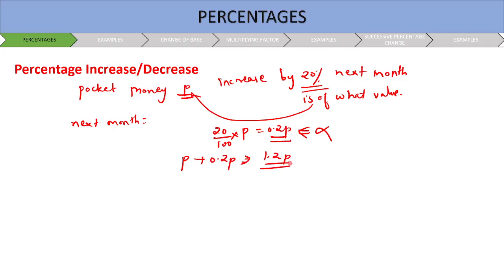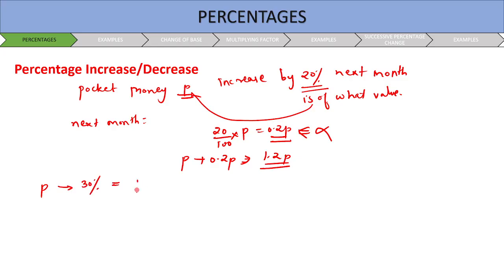I hope you understood how to solve for percentage increase. So we'll solve one or two more examples to get this understanding better. Now let's say you have pocket money P, it is increasing by 30 percentage next month.